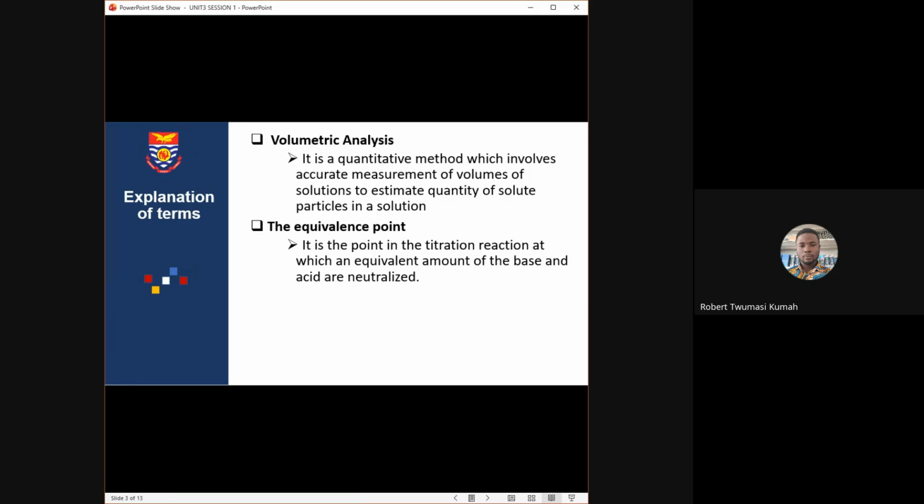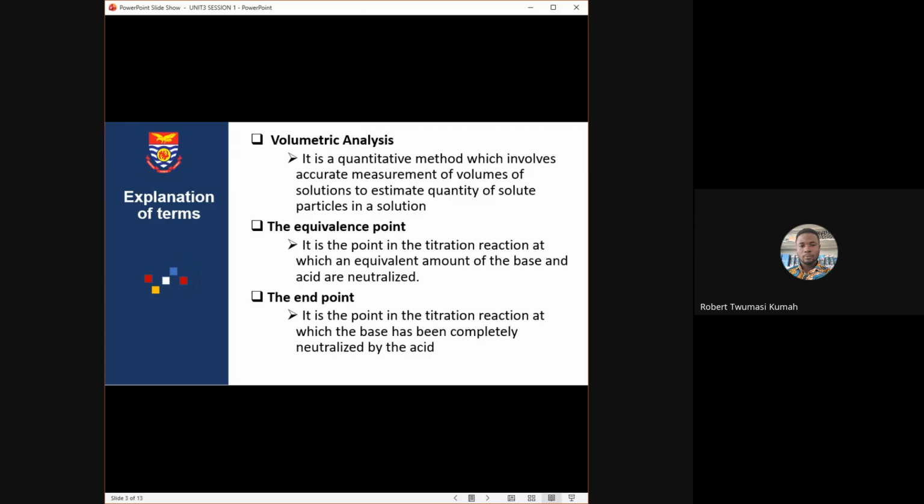So that is the point, the actual point that we have the neutralization happening. So if you are doing titration, then you have to stop at the equivalence point. When you have achieved equivalence, that is all. You don't continue with the titration. However, that is happening chemically, and it becomes very hard to tell that you have reached that point, okay? Because that is happening chemically, and you cannot see it, okay?